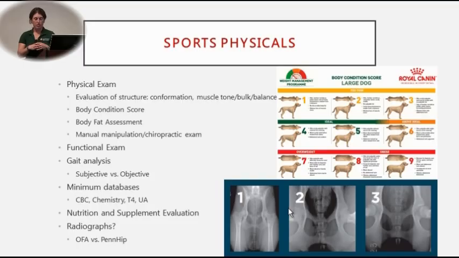Or you can go through the PIN-HIP program. So the PIN-HIP program actually tests for distraction of the femoral head, so how much laxity there is in the coxofemoral joint. And this is great for young dogs before there is evidence of hip dysplasia to know if these guys are at risk of developing osteoarthritis of their hips and whether or not there are interventions that need to be done early on.